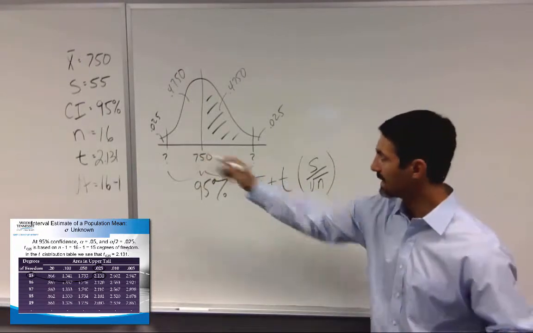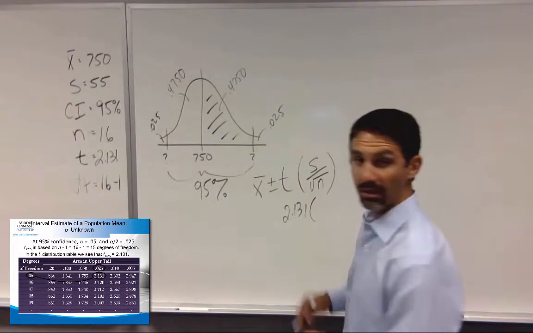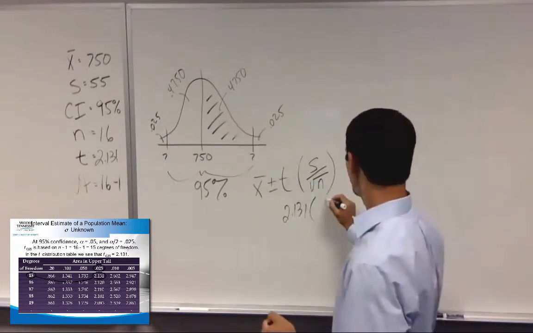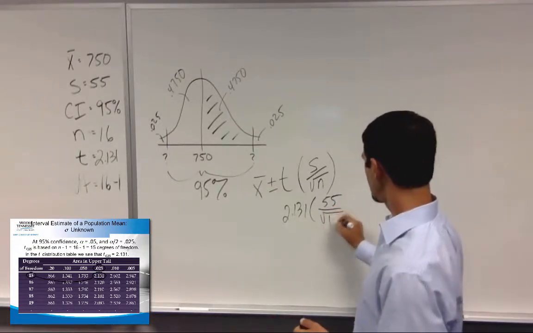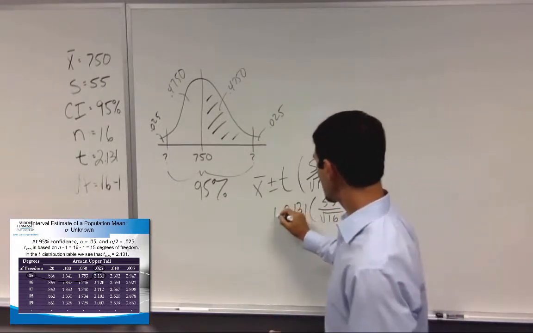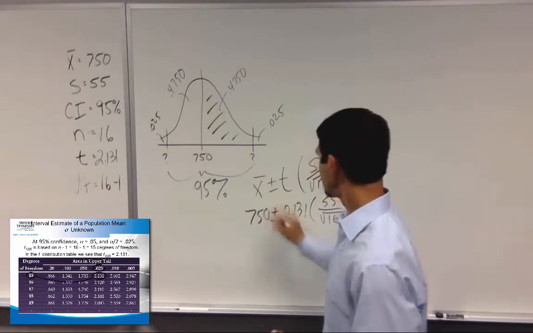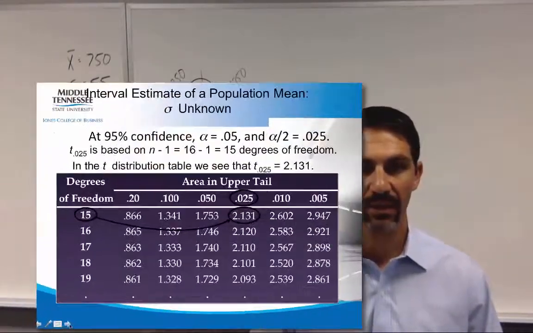This time we're going to use that t-score, 2.131, multiply that by 55 divided by the square root of 16, and that's going to be plus or minus 750. So let's see what that actually becomes.